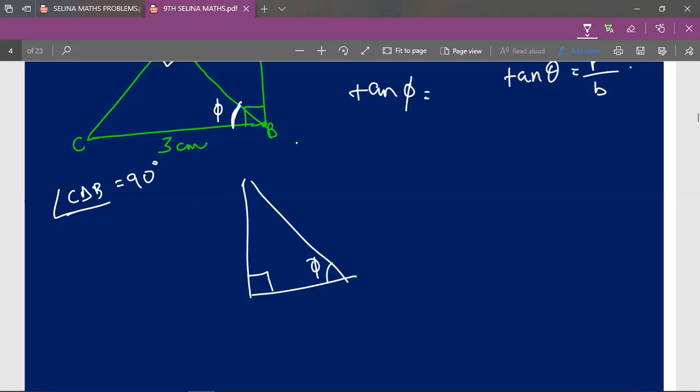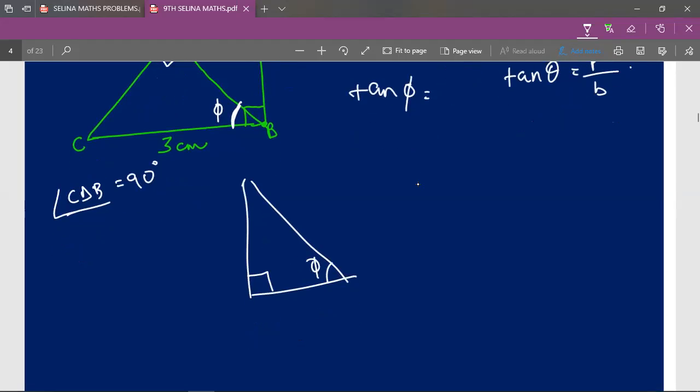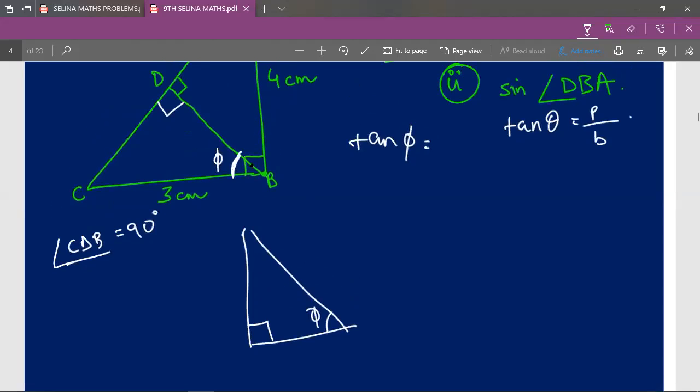So our angle DBC is phi. Our CB is 3 centimeters. A note to the viewers: the side that is directly opposite to the 90 degree is always and always known as the hypotenuse.